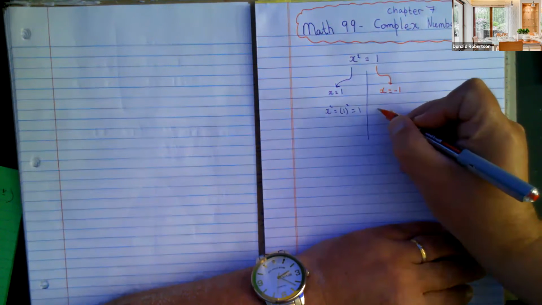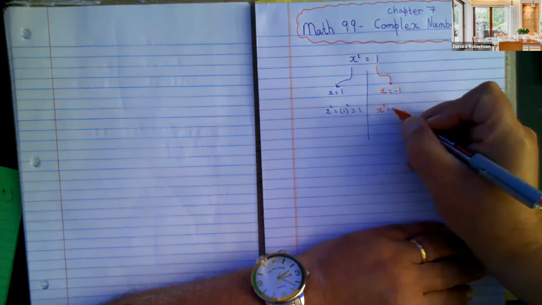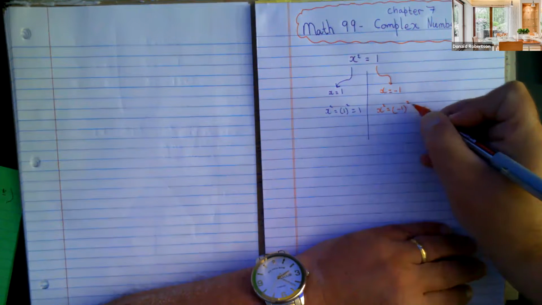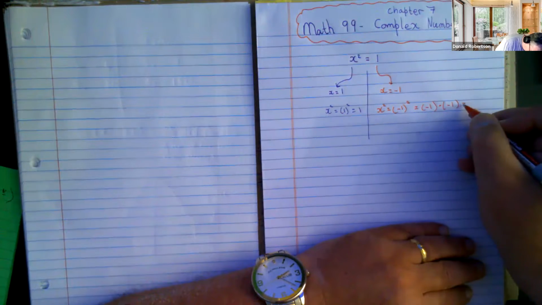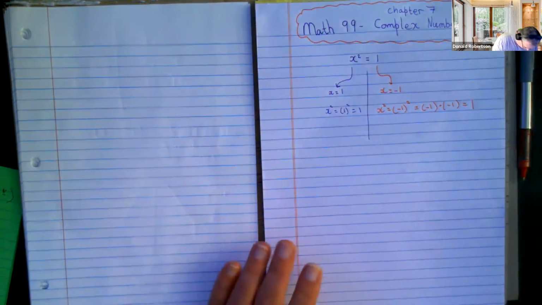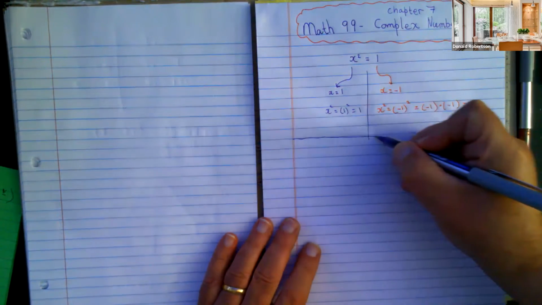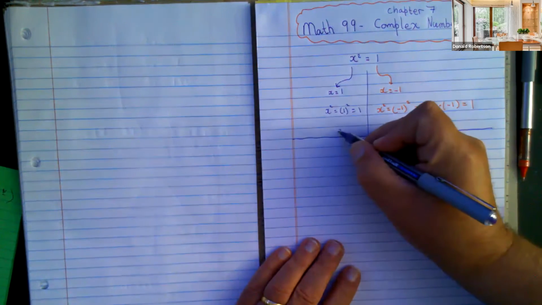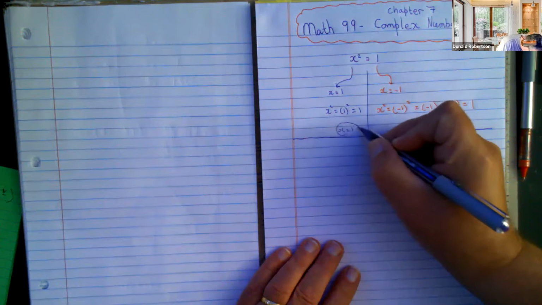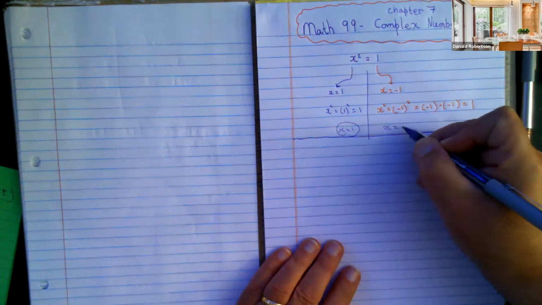And just to show you that that also works, x squared would mean negative 1 squared, which is negative 1 times itself, and yeah, that equals 1. So in this particular example, there are two solutions. Those solutions are x equals 1, and the other solution is x equals negative 1.